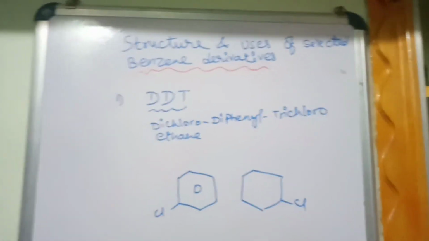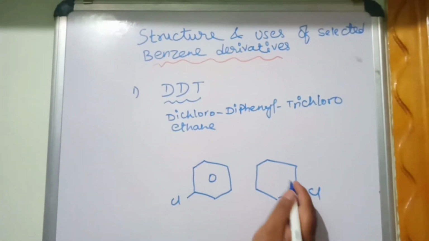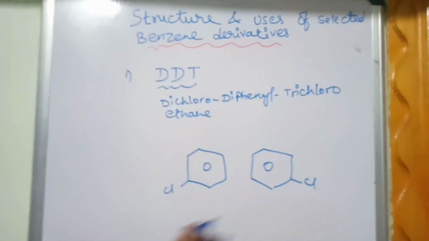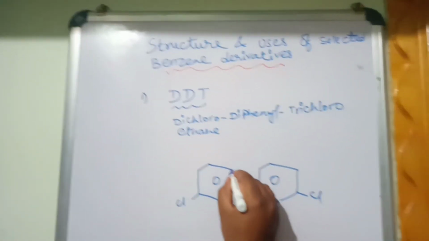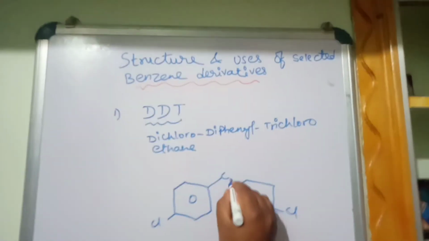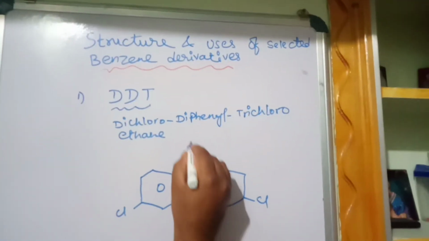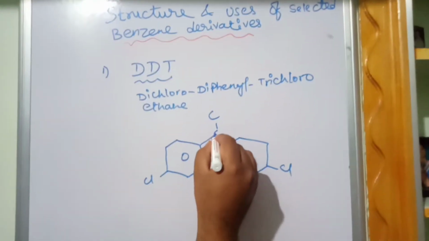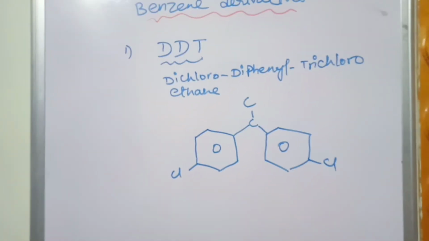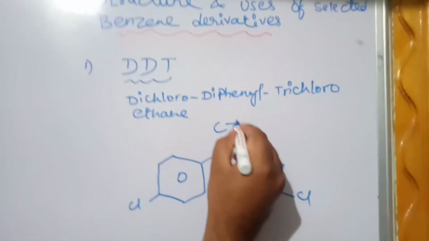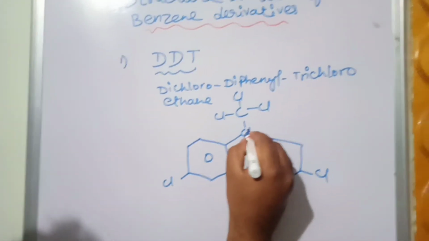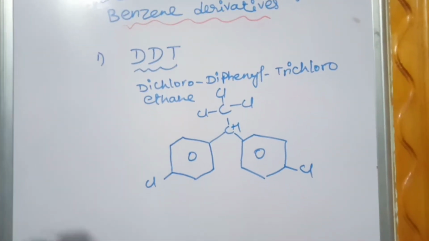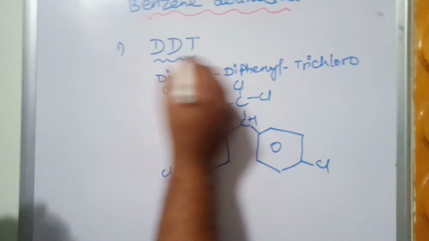Trichloroethane: ethane means how many carbons? They are linked together, 1, 2. So two carbons are there. Trichloro means here one chlorine, here one chlorine, here one chlorine, 1, 2, 3. Yes, this is the structure of DDT.